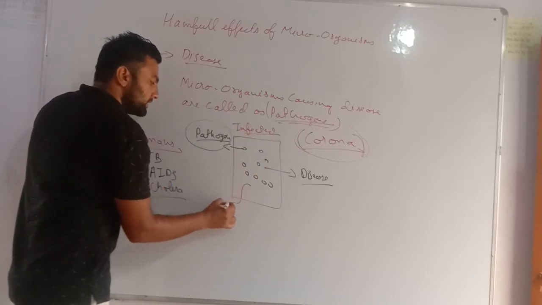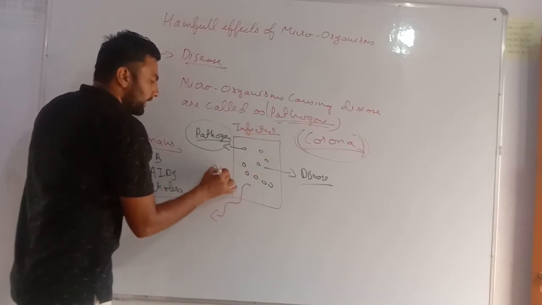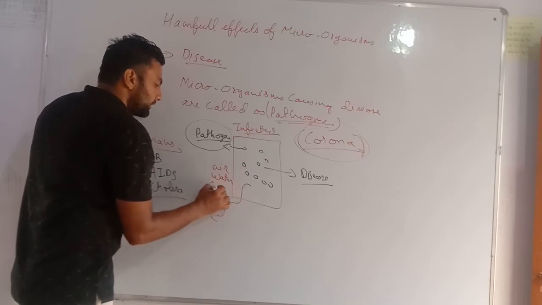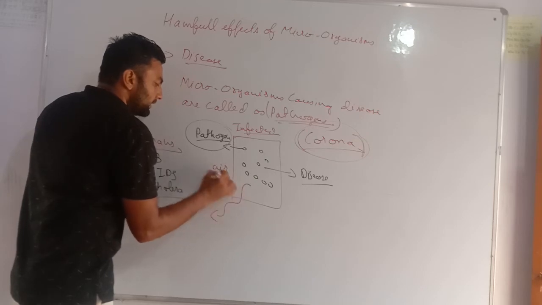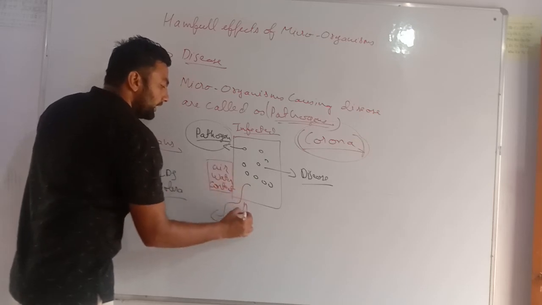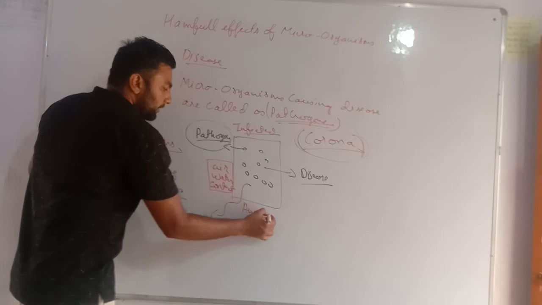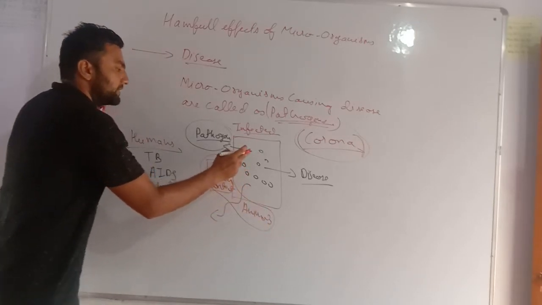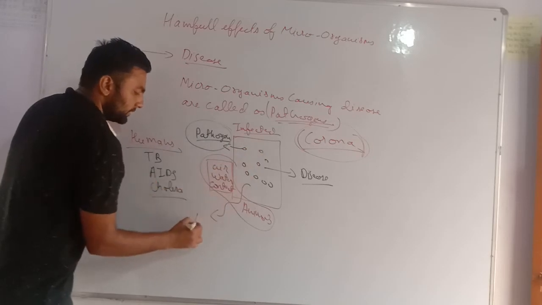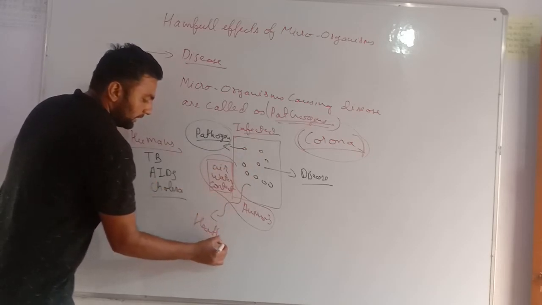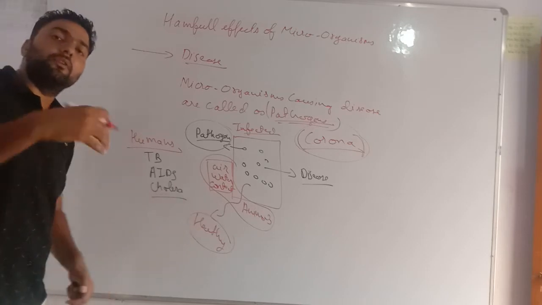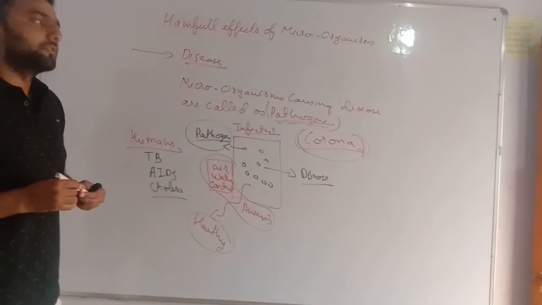These microorganisms can be carried by air, by water, or by any other contact or animal. If these take the microorganism from an infected person to a healthy person, then this healthy person may also get infected and develop some disease.